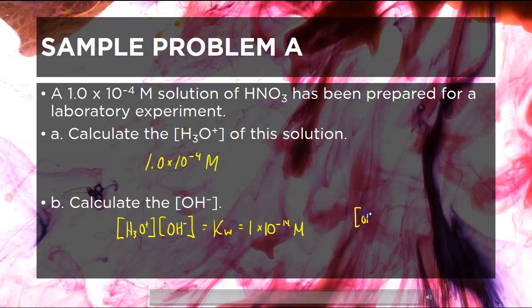To find OH, I just take 1 times 10 to the negative 14th divided by 1 times 10 to the negative 4th, my hydronium concentration. And then that's just going to be negative 14 minus negative 4, so negative 14 plus 4 should give me 1 times 10 to the negative 10th molar.